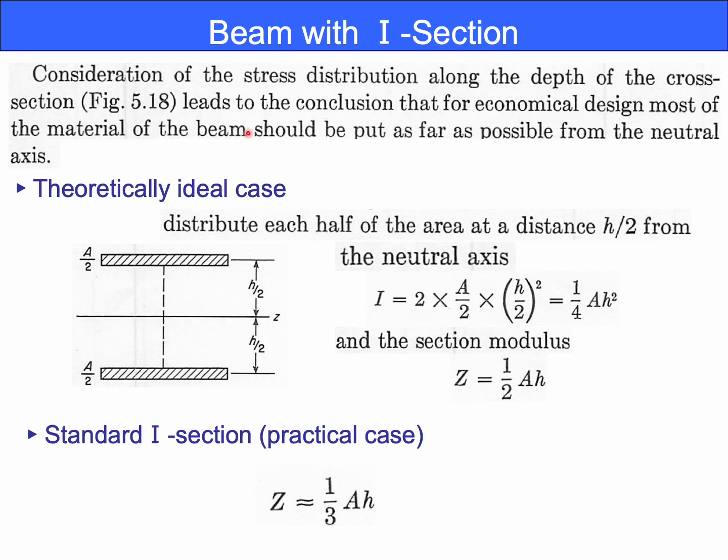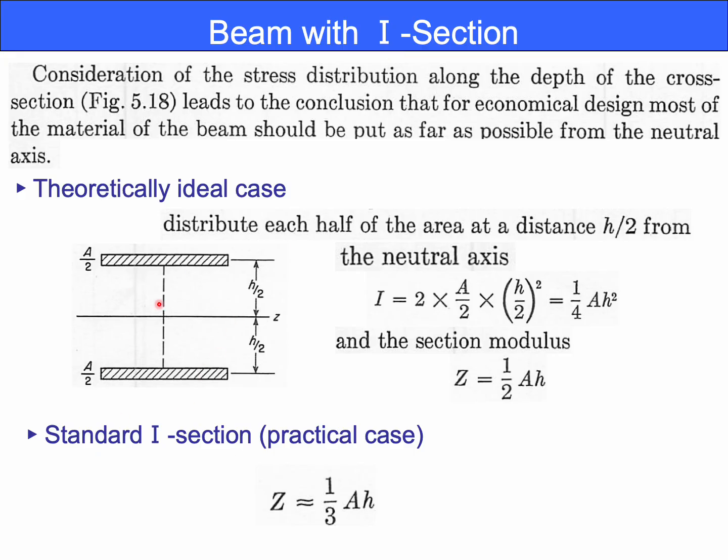The text says, for economical design, most material should be placed as far as possible from the neutral axis. That's because in bending, the middle region near the neutral axis carries low normal stress, while the outer fibers carry the highest stress.